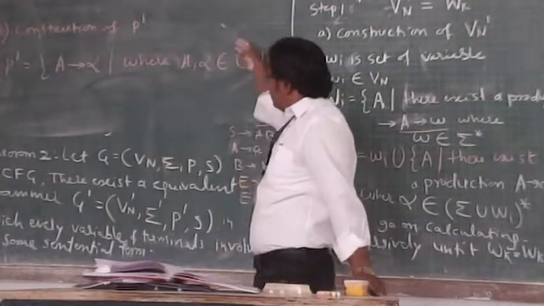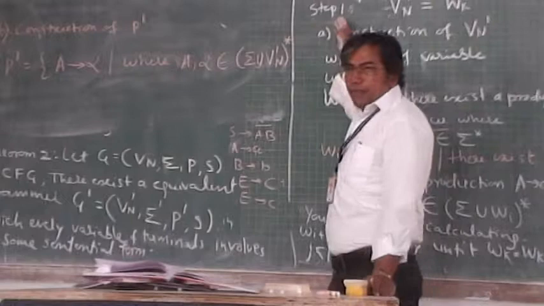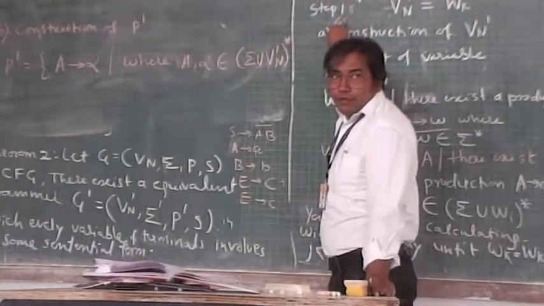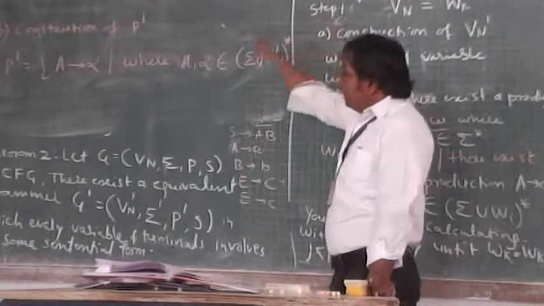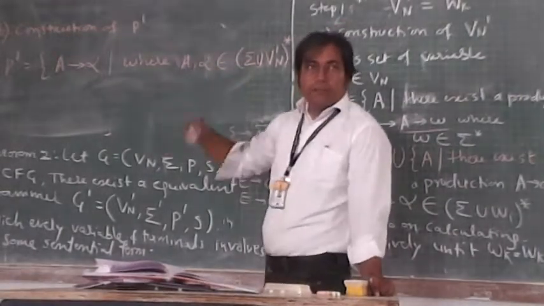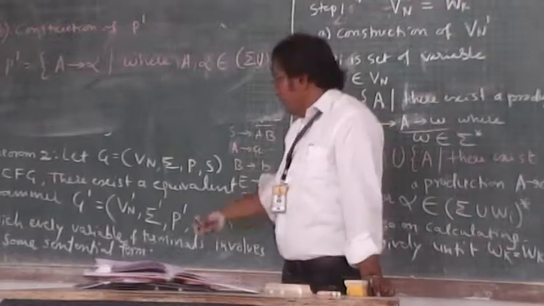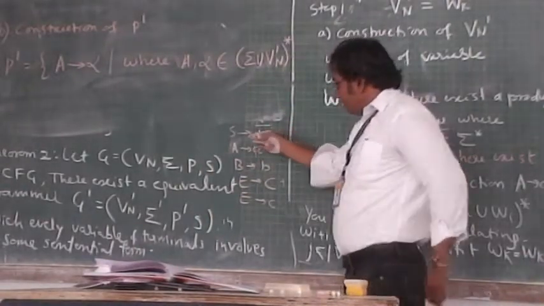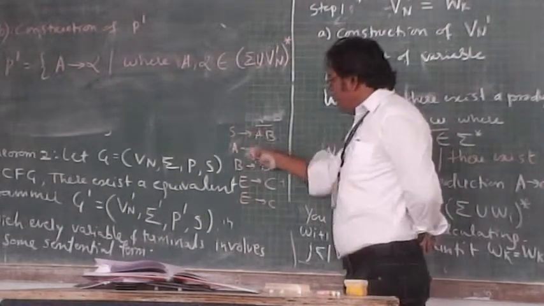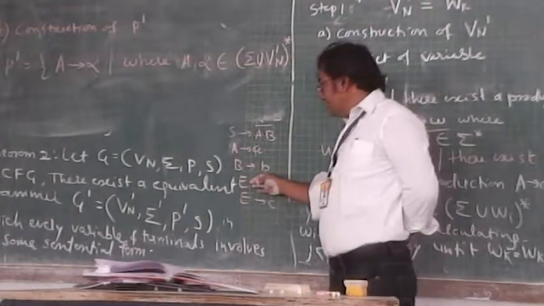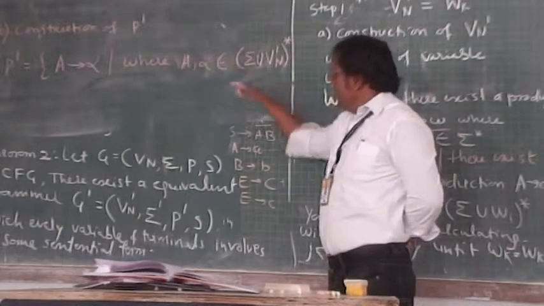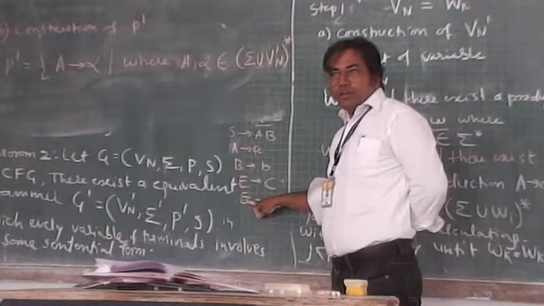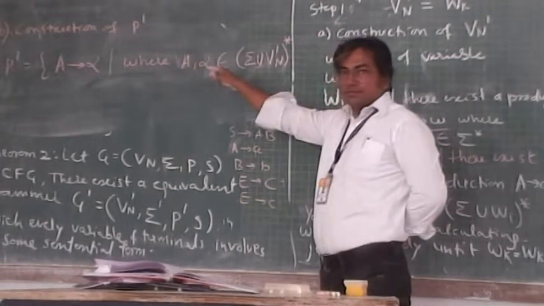What we got in the first step is a partially reduced grammar, and in the second step we get a completely reduced grammar. In this grammar, as per the first step, the variables in Vn dash are S, A, B and E. And what productions did we get in P dash?